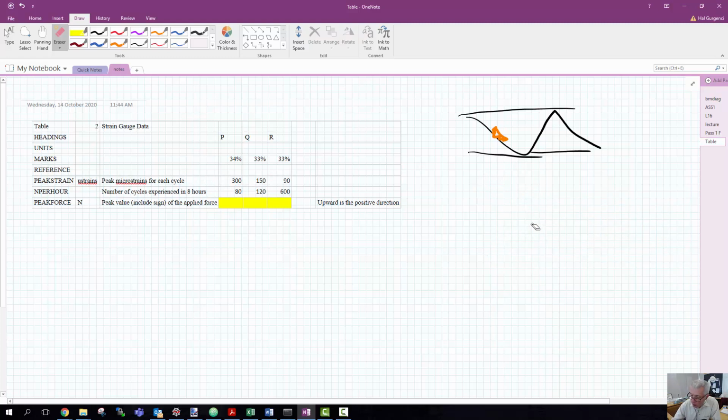What I want to tell you is how you convert the strain gauge reading into the value of the load at the end. This force can be upwards or downwards, because you don't know its direction. So upward is the positive direction here. So if it is downward, you have to enter here negative.